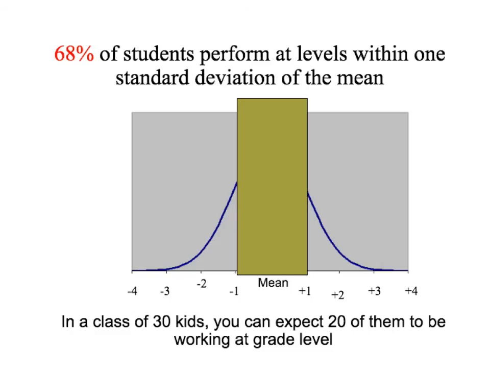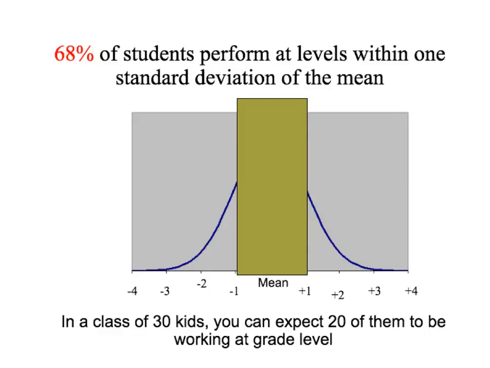Remember, now we're talking only about statistics and what statistics would predict. According to the design or the build of the normal curve, 68% of students perform at levels within 1 standard deviation of the mean.